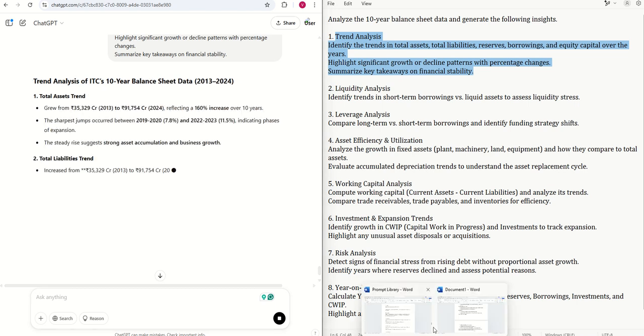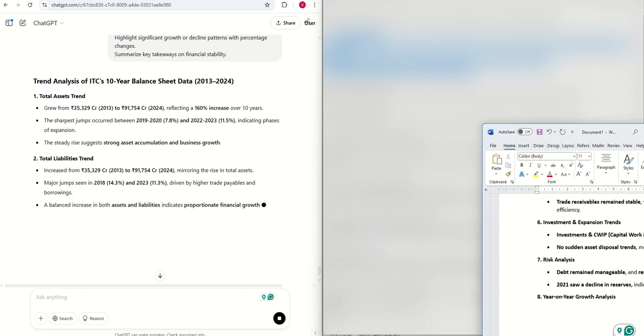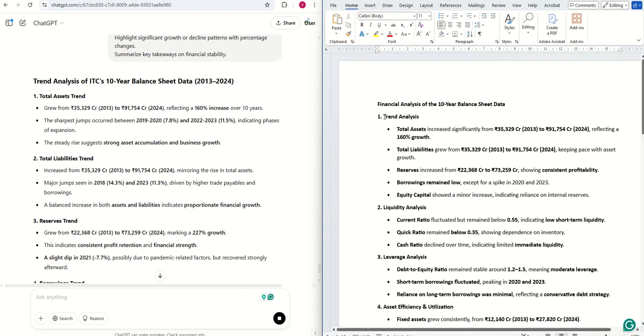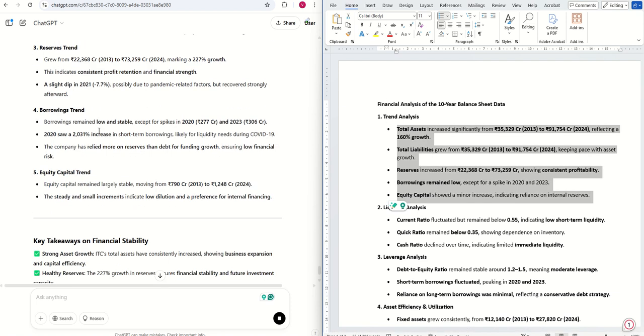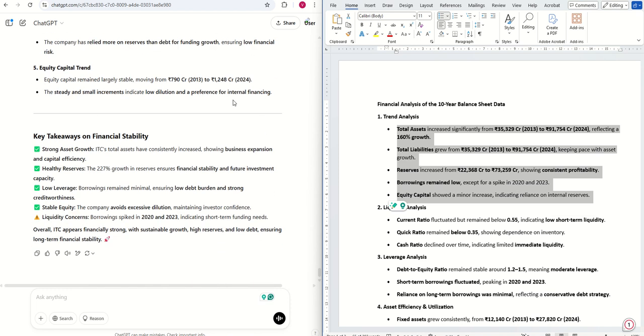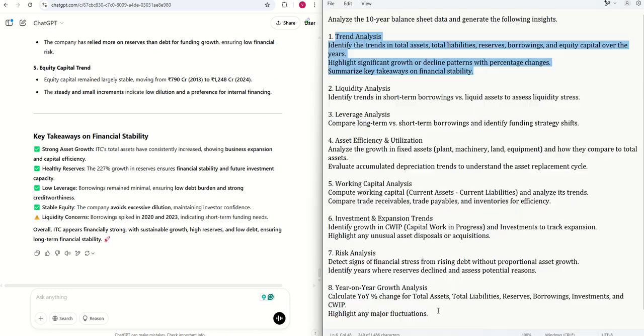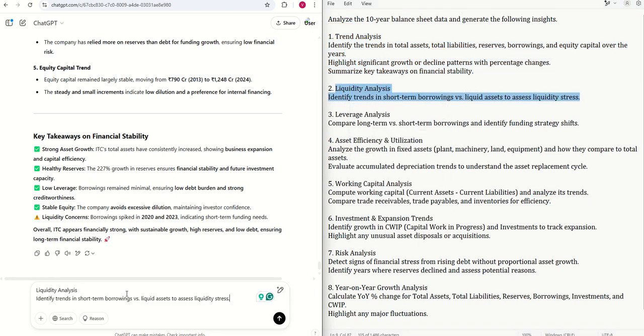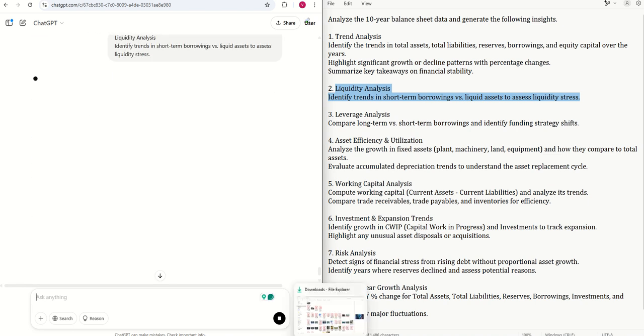So we will bring that Word file here and see how the output stacks up. Earlier, trend analysis alone was just 4 or 5 bullets, whereas now you see a very, very detailed analysis coming up. So when you give these prompts in parts, you stand to gain better insight. Similarly, I'm now going to give liquidity analysis.